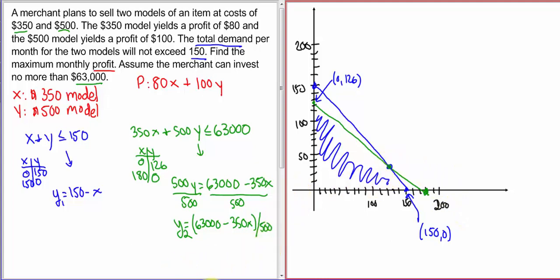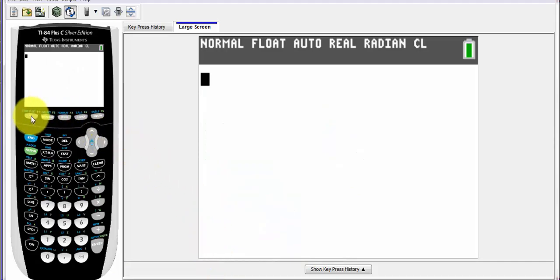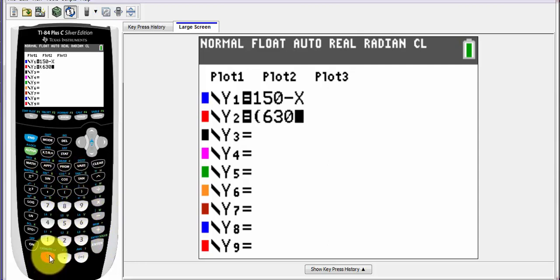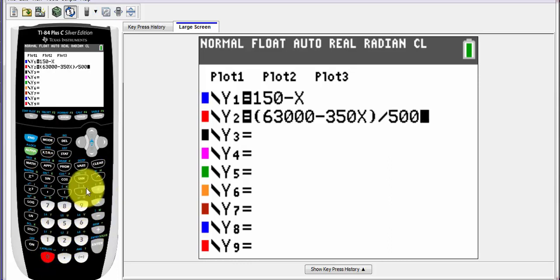So let me try that now. Okay, I go to y equals. One of our equations was 150 minus x. The other equation, notice how the whole numerator I put in parentheses. So I'm putting that whole numerator in parentheses divided by 500.